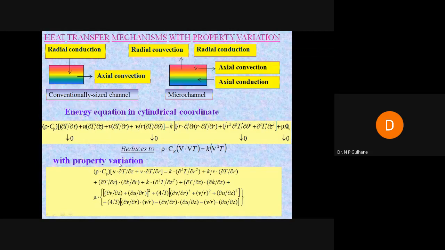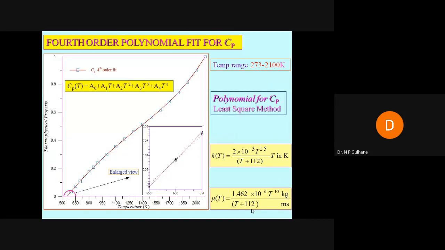But now with property variation, you cannot write the equation like this. This is the energy equation for constant property, because in cylindrical coordinates all these parameters become 0, so we reduce to this equation. But for property variation, because of axial conduction and radial conduction, these new scaling effects come into the picture and we have to write this equation like this.